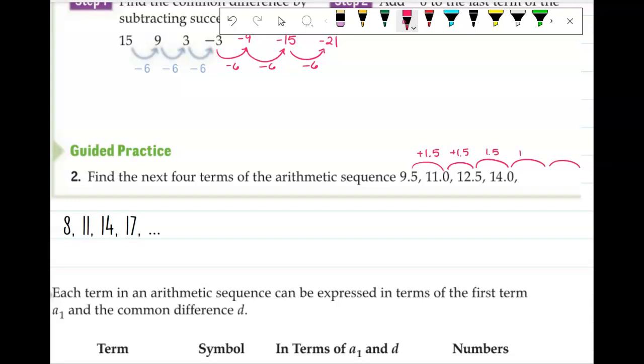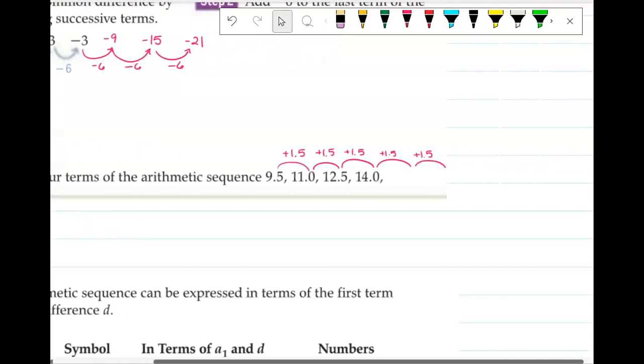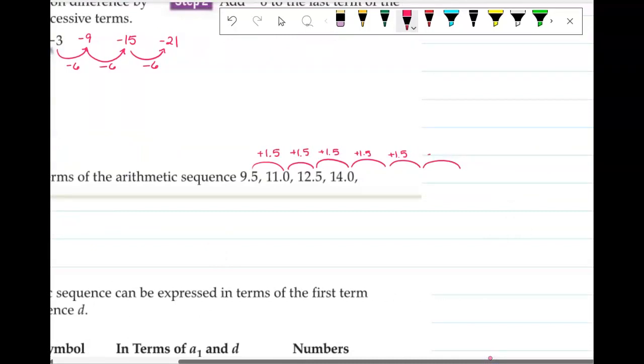If we do that again, three more times, we get the next 3 terms. So this would be 15.5, add 1.5 would be 17, add 1.5, 18.5.